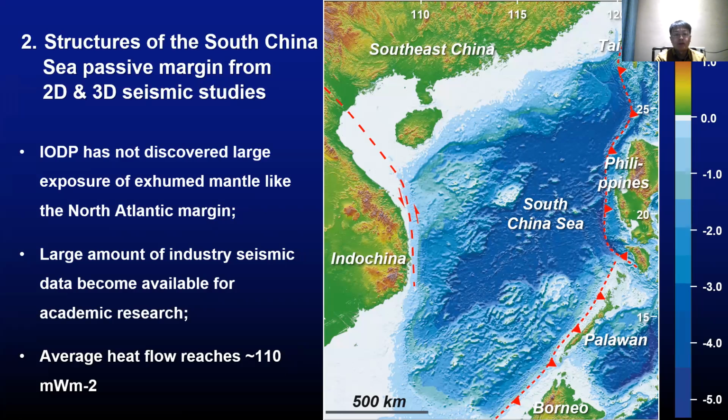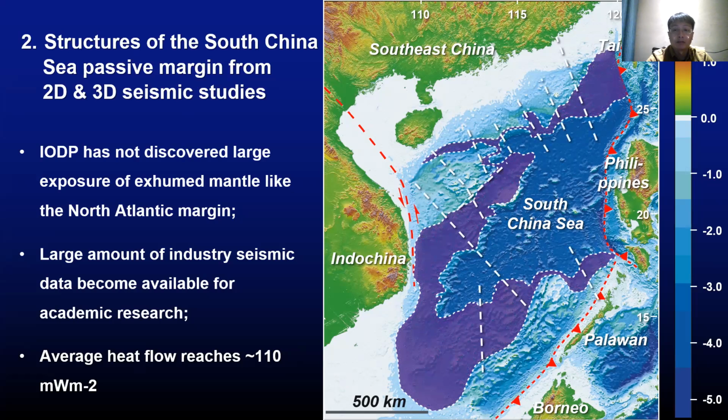But the availability of the industrial seismic datasets has made us able to image continental crust structures. Notably, the South China Sea has a very high heat flow, up to 110 milliwatts per square meter.